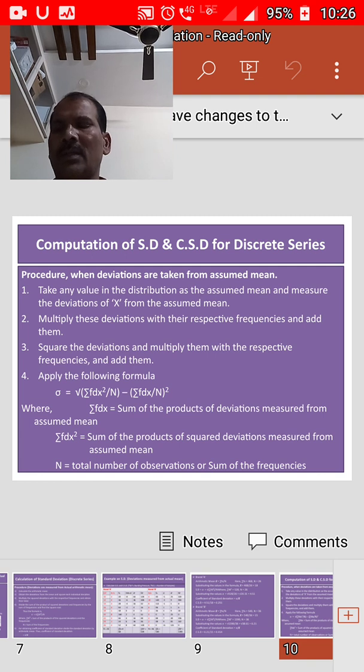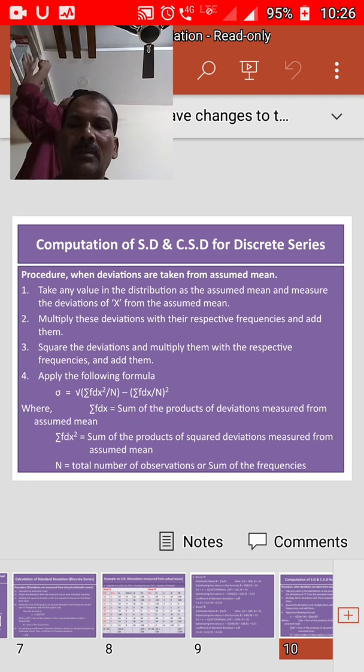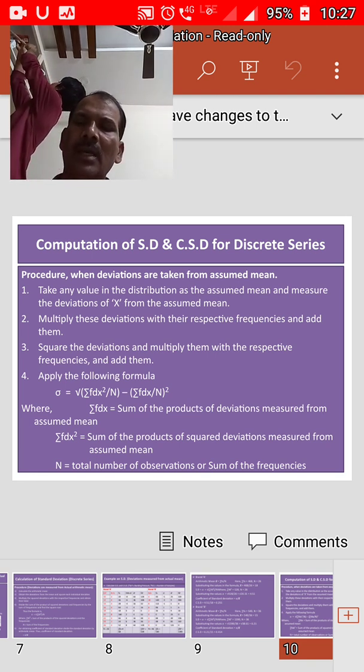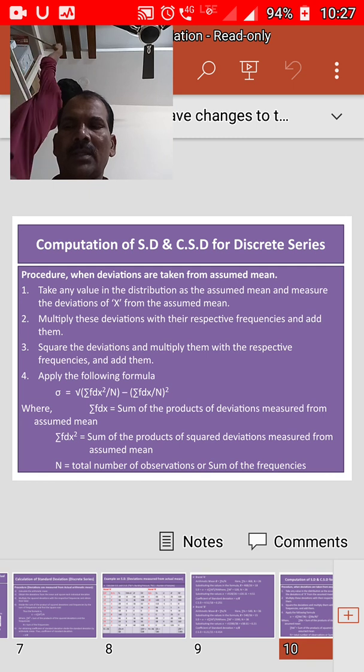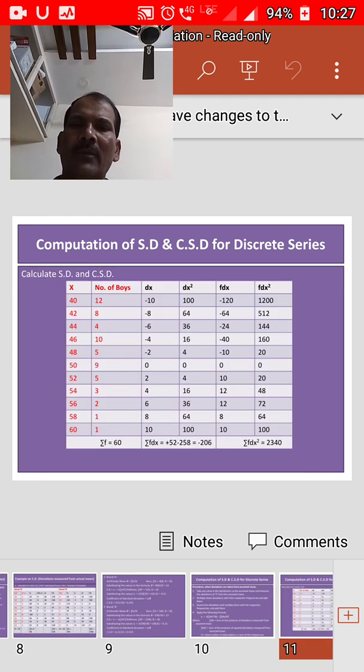Next, sigma fd is equal to the sum of the products of deviations and their respective frequencies. N is equal to the sum of the frequencies. We will see one example for its better understanding, right?